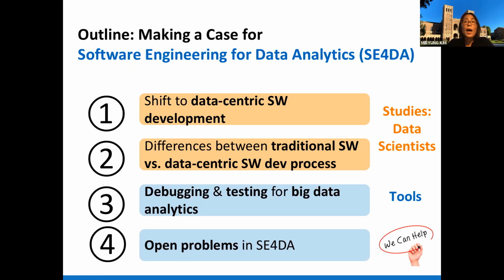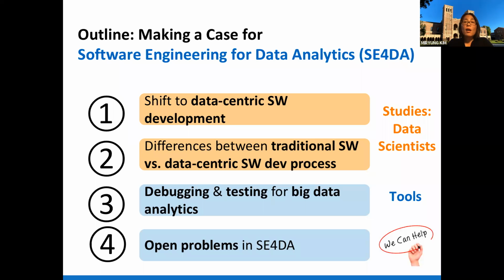In the past 5 years, I have collaborated with Microsoft Research to study professional data scientists. This study has taught me that this shift to data-centric software development is very real and important. There are key differences between traditional software development and data-centric software development, which actually make it very difficult to debug, test, and ensure correctness.